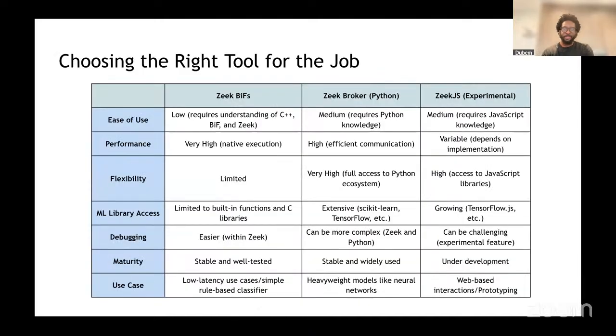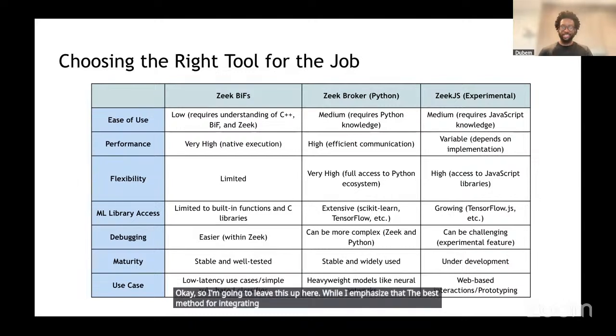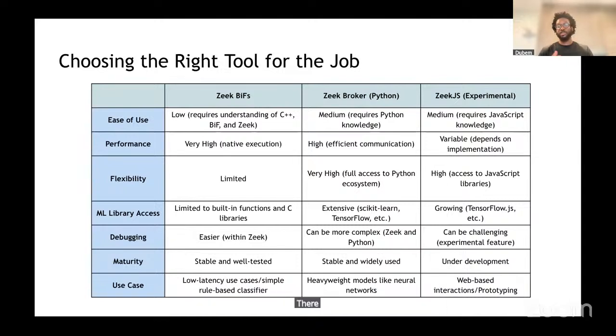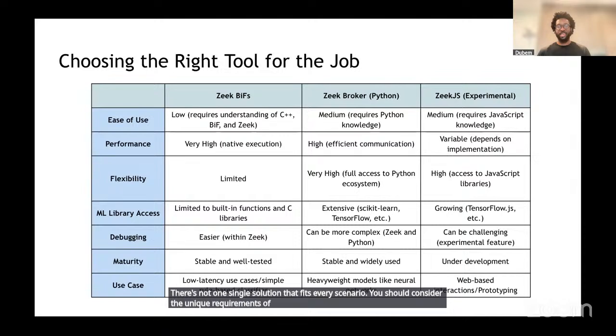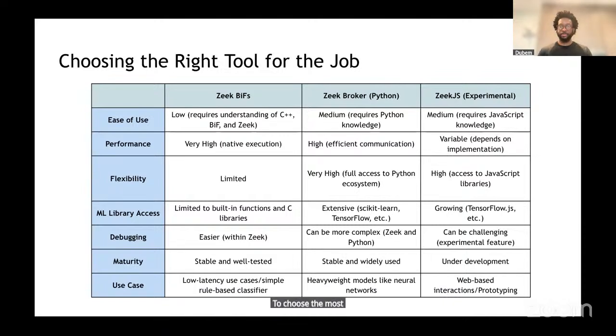Okay. So I'm going to leave this up here while I emphasize that the best method for integrating machine learning analysis in Zeek depends on the specific needs of your situation. There's not one single solution that fits every scenario. You should consider the unique requirements of your use case and your environment to choose the most appropriate approach.